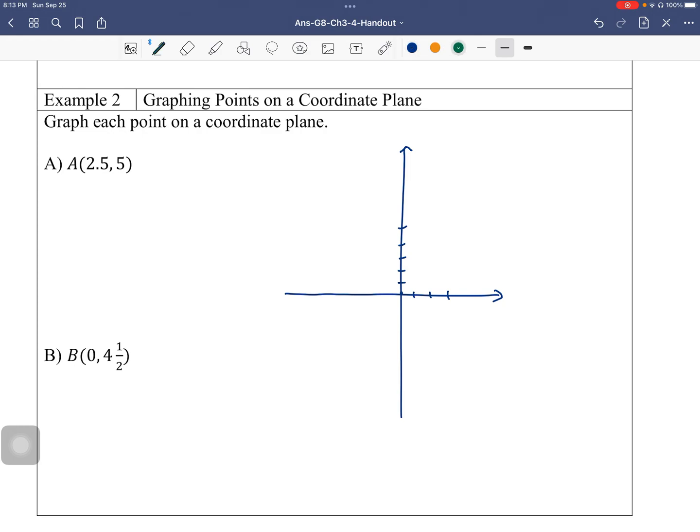So A is 2.5 and 5. And B is 0 and 4.5. So here B is 0 and 4.5.